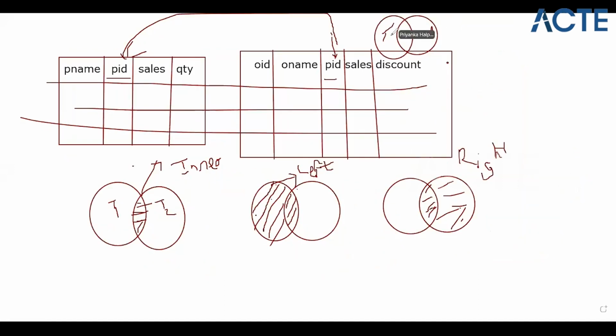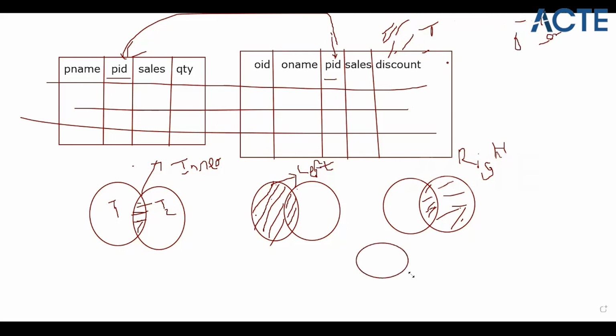The uncommon part of T1 plus the uncommon part of T2 plus the inner part, whatever is common, this is nothing but full outer join. We take everything from both tables, common and uncommon, combined together, each and every piece of data. If we merge that, that is full outer join.